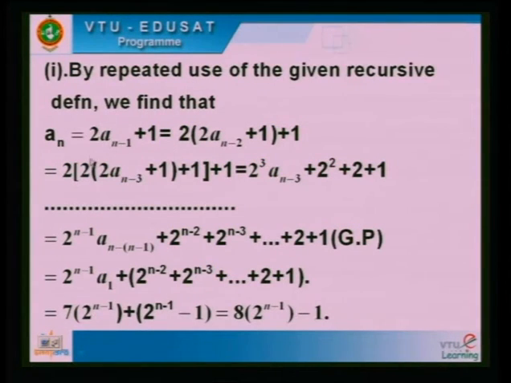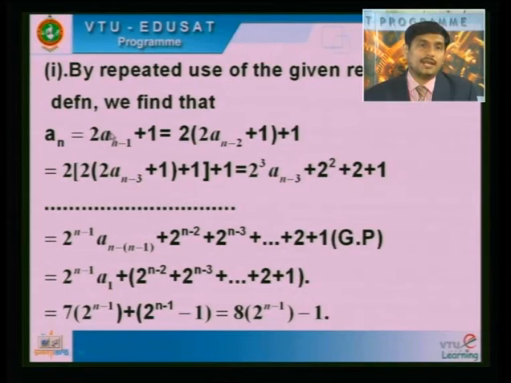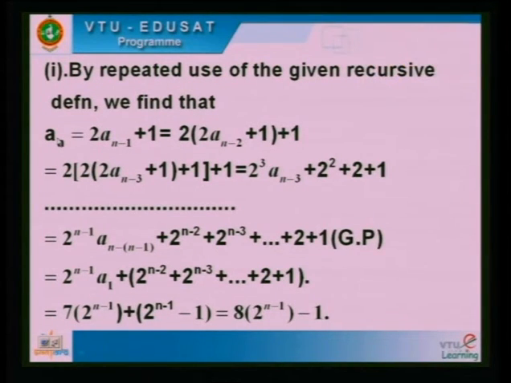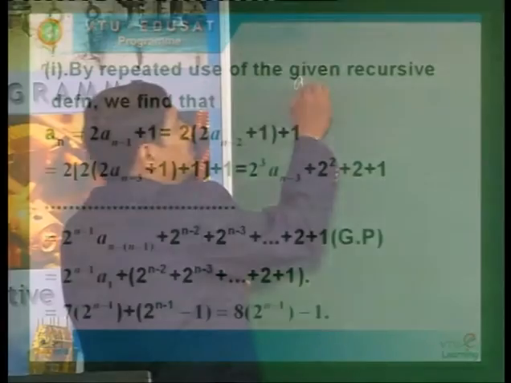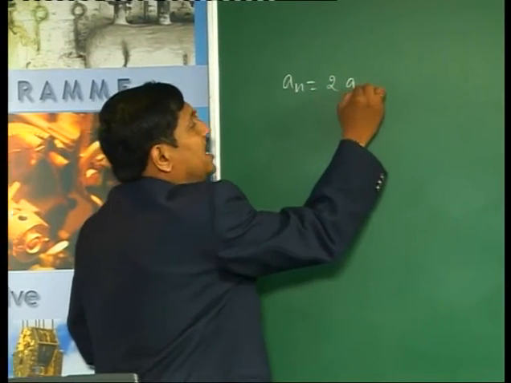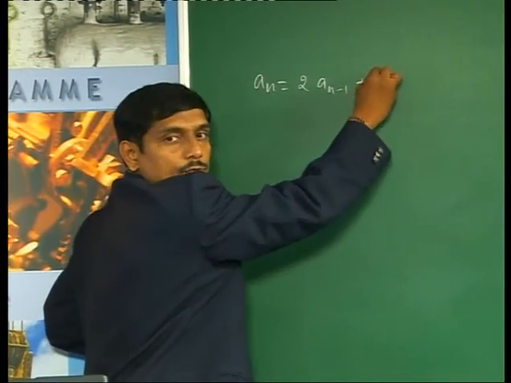Using that, a_n can be written as 2 times a_{n−1} plus 1. Again here this a_{n−1} can be replaced, in place of a_n we have a_n equals 2 times a_{n−1} plus 1.